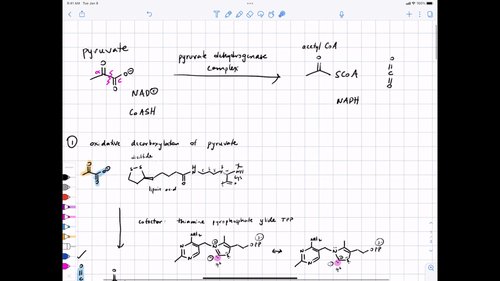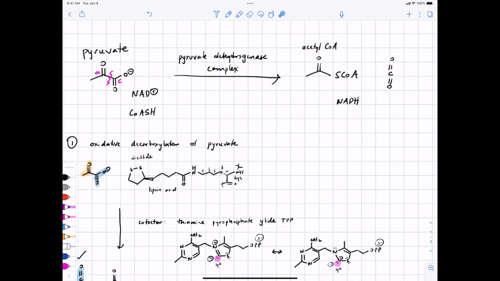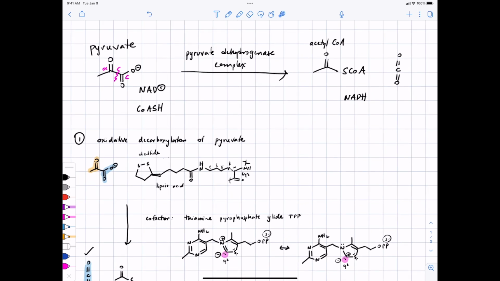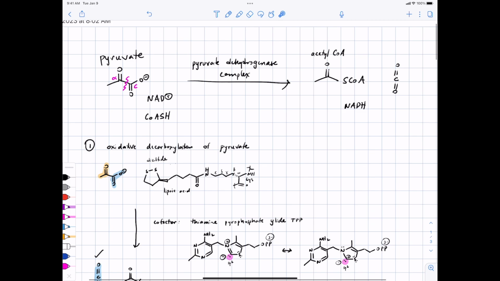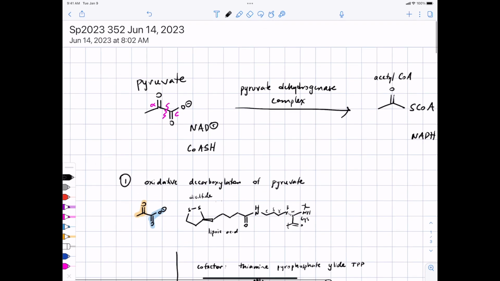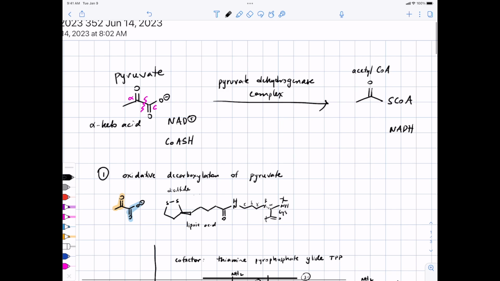So all of these molecules are getting shunted to the same pathway. So what we're talking about is basically a bridge between the end product of glycolysis, or pyruvate, and the starting product of the citric acid cycle, which is acetyl-CoA. The other main sort of overview is that alpha keto acids need some help to do decarboxylation, whereas beta keto acids don't.